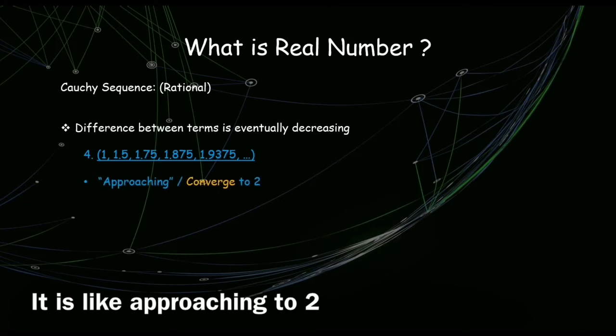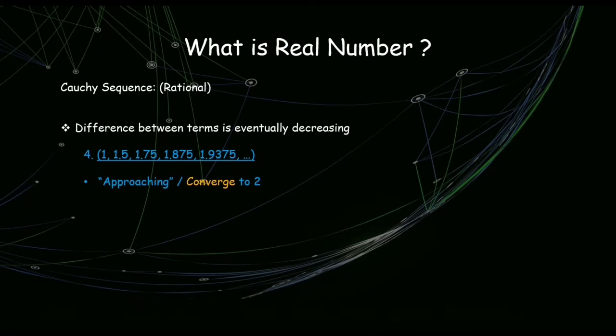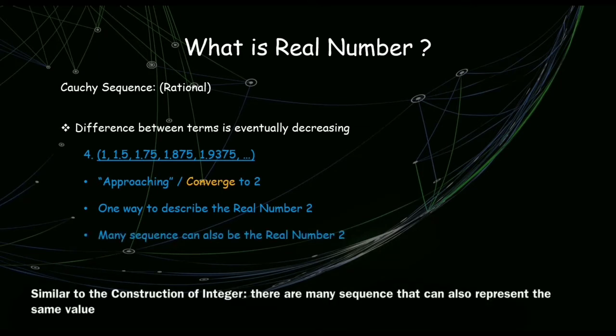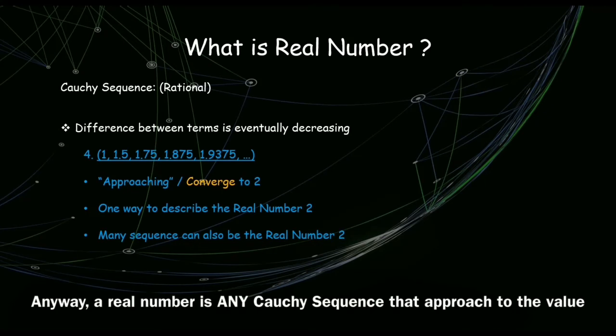It is approaching 2, or in mathematics, we say this sequence converges to 2. This is one way to describe the real number 2. Similar to the construction of integers, there are many sequences that can also represent the same value. Anyway, a real number is any Cauchy sequence that approaches the value.